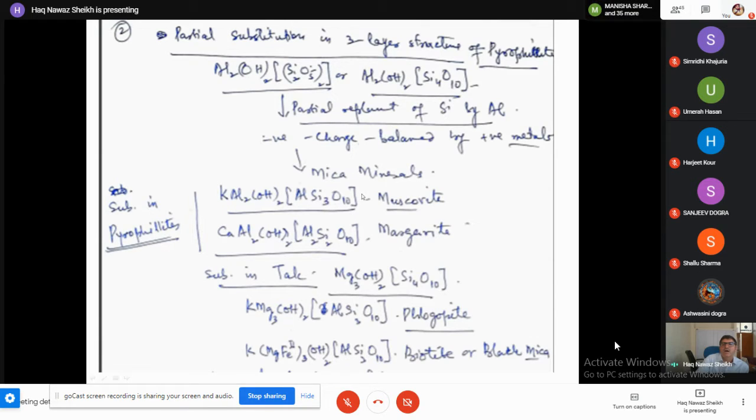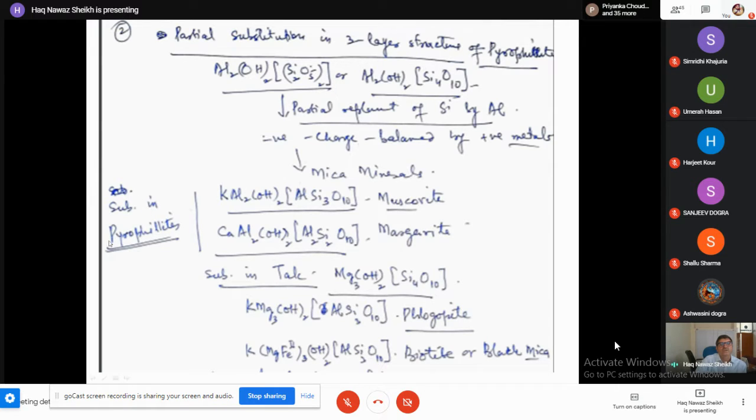This has one negative charge, because one aluminum has been replaced, and that one negative charge is counterbalanced by potassium, so it becomes a mica. Again, margarite has two aluminum atoms replacing two silicons, therefore it has aluminum 2, silicon 2, O10. Obviously, this has two negative charge, that is balanced by the calcium 2 plus. So that is the margarite mica.